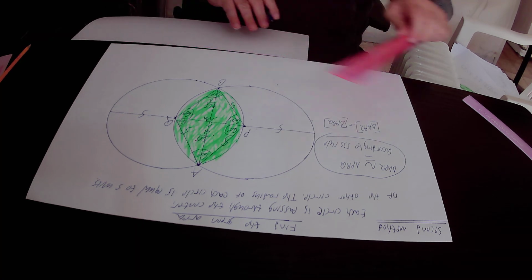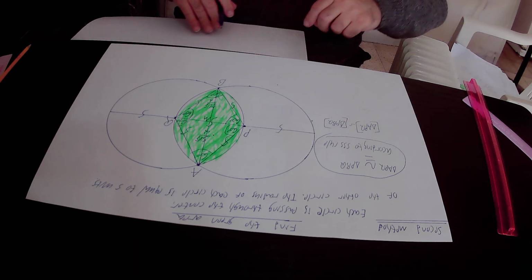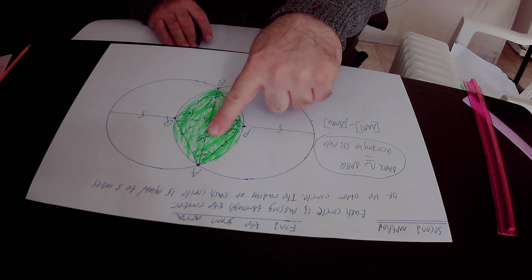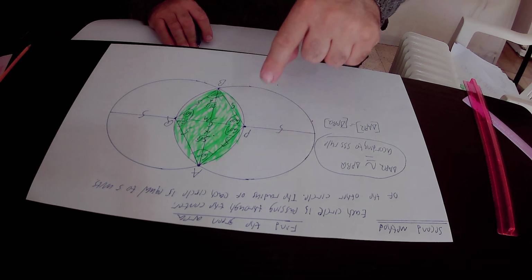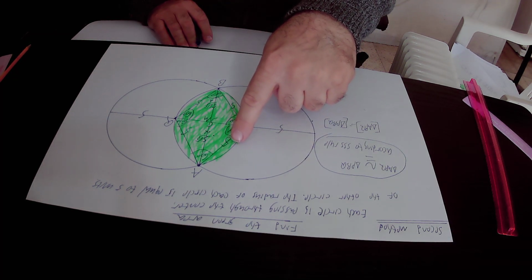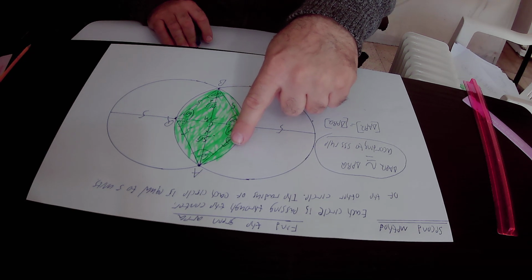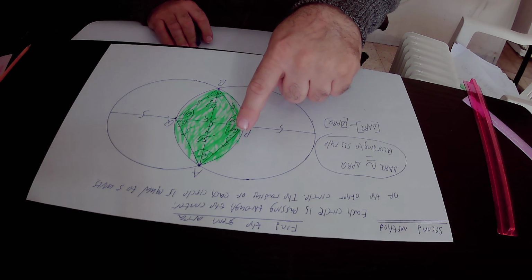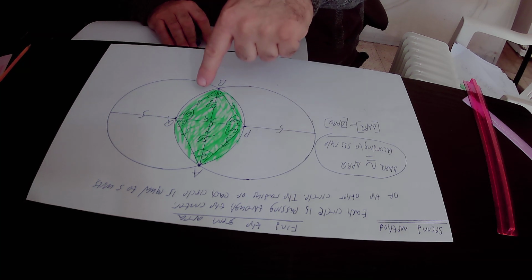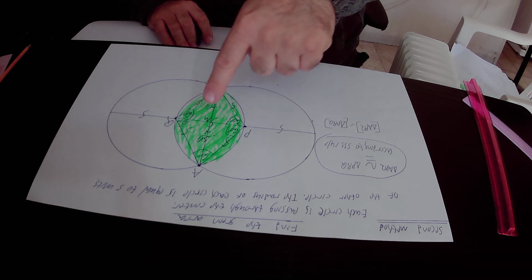I'll repeat again. The area of the green shape equals 2 times the area of triangle APQ plus 4 times the area of segment AP, because the area of segment AP equals the area of segment PB, equals the area of segment QB, and equals the area of segment AQ.